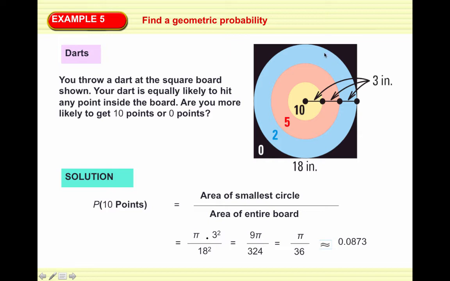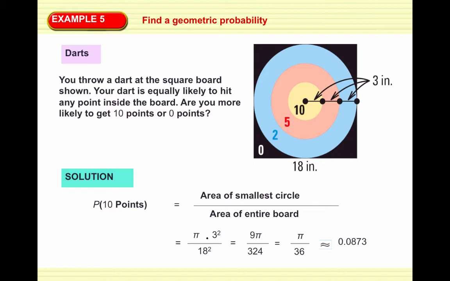And then the area for the entire board, it's a square with a side measurement of 18 inches, so that's going to be 18 squared. So we have 9 pi over 324, which reduces to pi over 36, which is approximately 0.0873. So you've got about an 8.7% chance of getting 10 points.